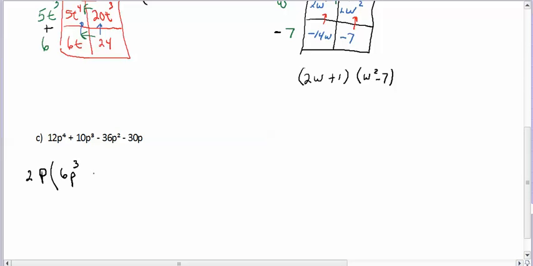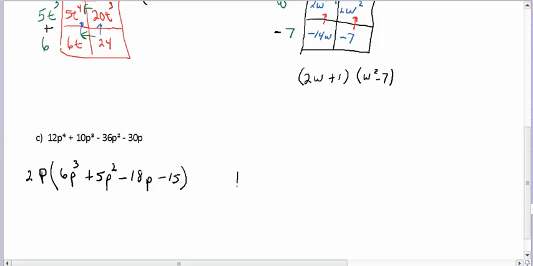2 times 5 is 10. I have 1 p, I need 2 more to get 3. 2 times negative 18 would be 36, and I need 1 more p. And 2 times negative 15, and I don't need a p because there's a p out here.